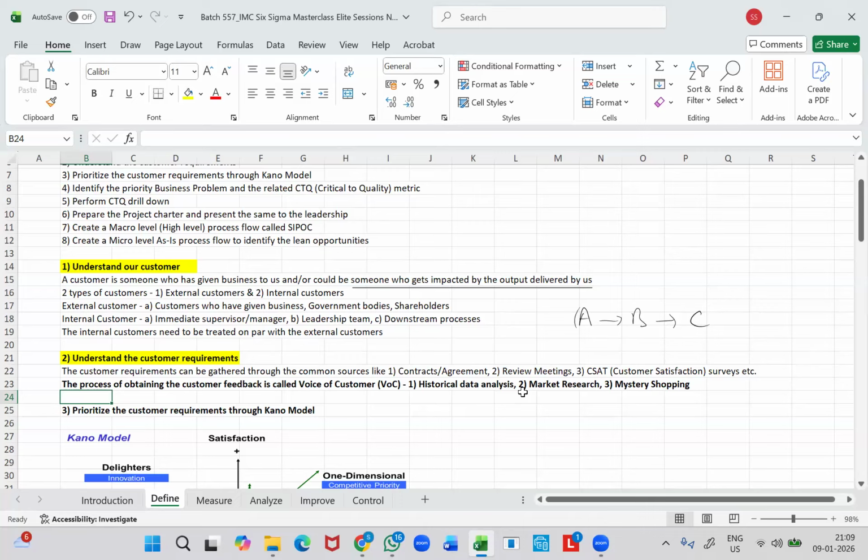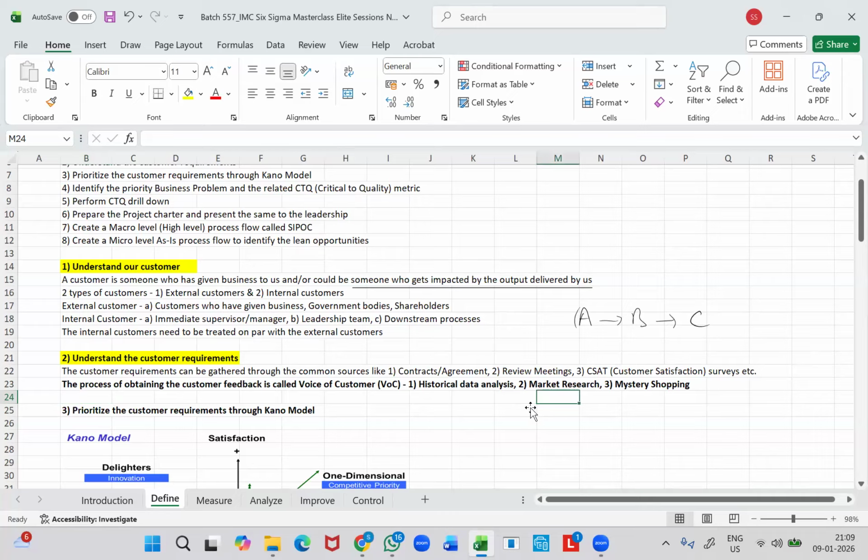So 99% is the expectation of the customer, but our performance says we are at 96% only. So obviously there is a quality gap, which we need to bridge as quickly as possible. So the historical data analysis would let us understand whether the customer would be happy with our performance or not.